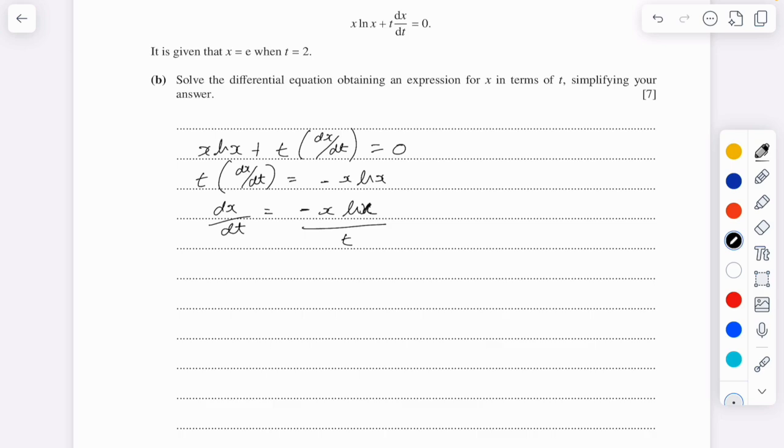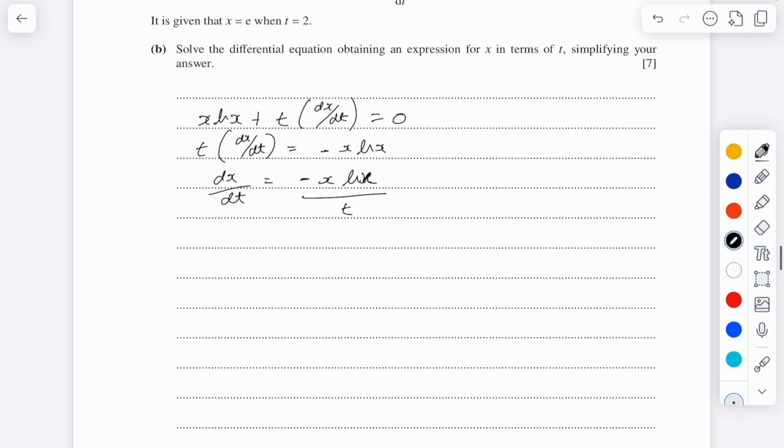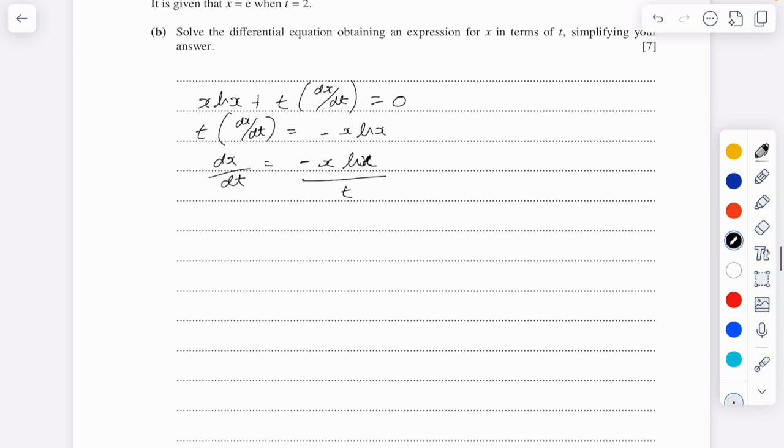Cool. So then, moving on from here, we can separate the variables. We can say that negative 1 over x ln x dx is equal to 1 over t dt.